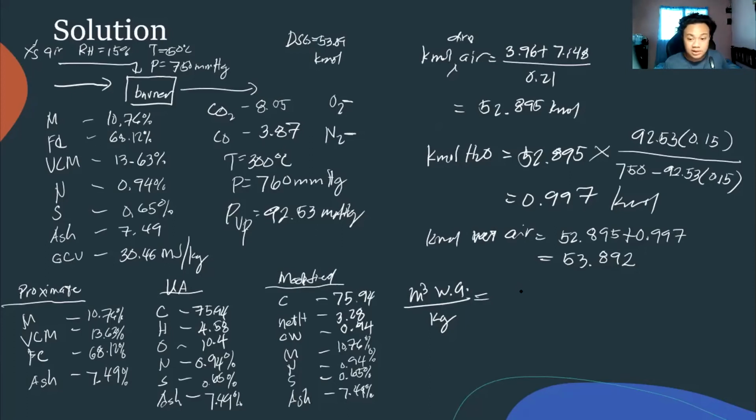Use the ideal gas equation. We'll have PV and RT. So V is equal to nRT over P, diba? Then that's divided by the mass of the coal.